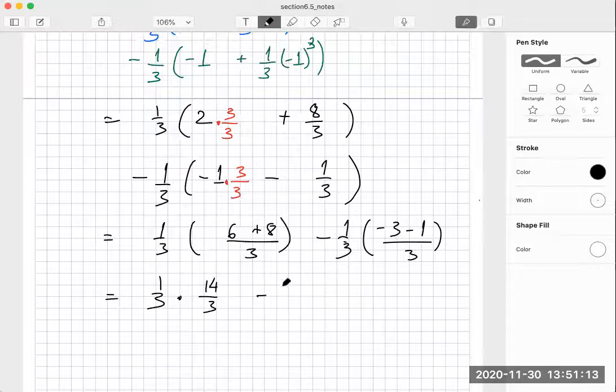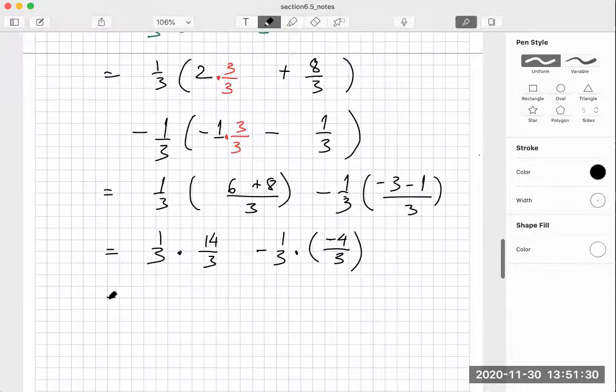And here? We're going to have -1/3 times -4/3. Perfect. Then here, negative of it times negative here, right? Which gives us a positive. So this guy is 14/9.